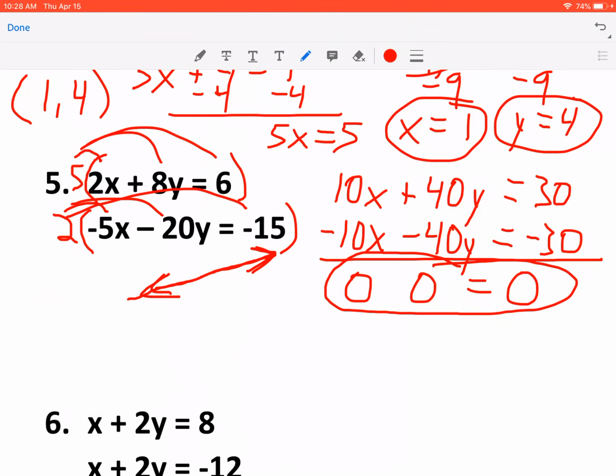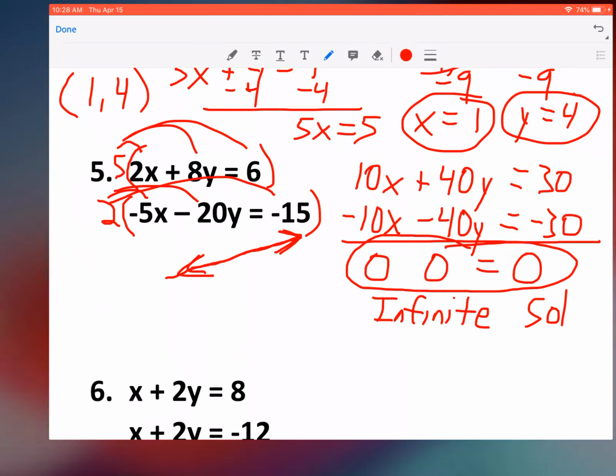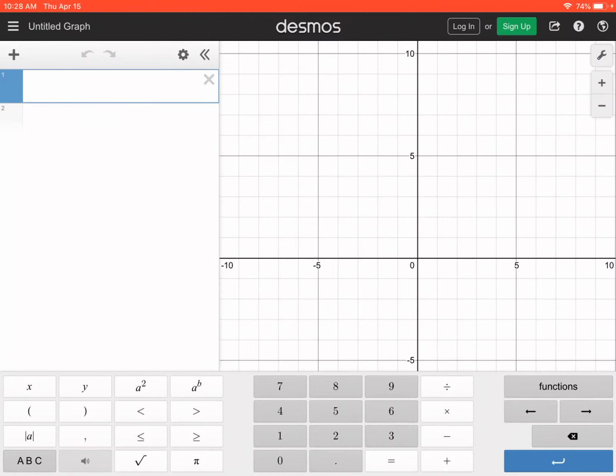So if everything cancels and you get all zeros, that's called infinite solutions. Okay? And I am going to graph that one for you real quick just so you'll see it. So I'm going to go to Desmos, and I'm going to type in, for the first one, 2x plus 8y equals 6.